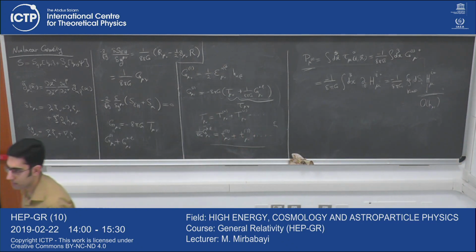G1 mu nu was not transforming as a tensor, but when we redefined G1 in terms of the big H, we defined H as a tensor in terms of small h mu nu. Well, G1 is not a tensor: if you do general coordinate transformations and your metric is not small, then G1 is not a tensor.